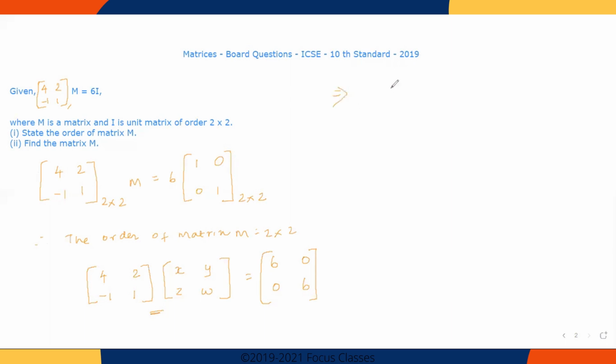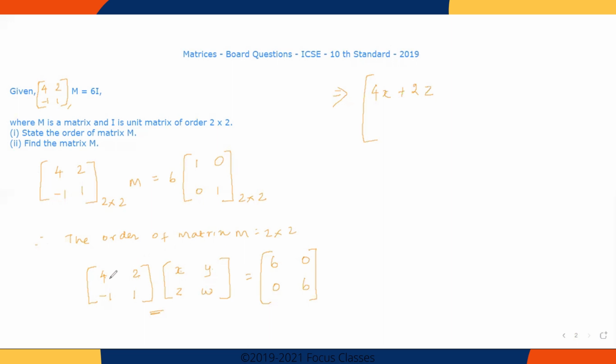which leads to 4 into x plus 2 into z, 4 into y plus 2 into w. So the multiplication is nothing but first row first column, first row second column, second row first column, second row second column.